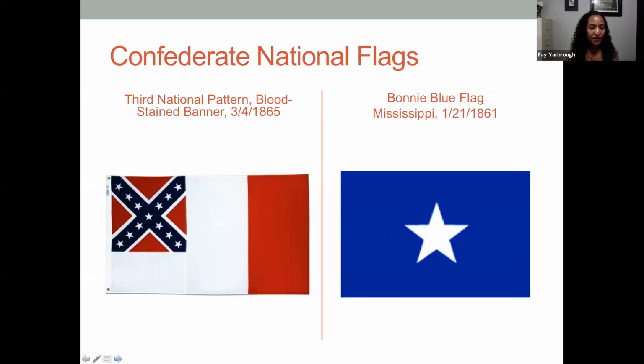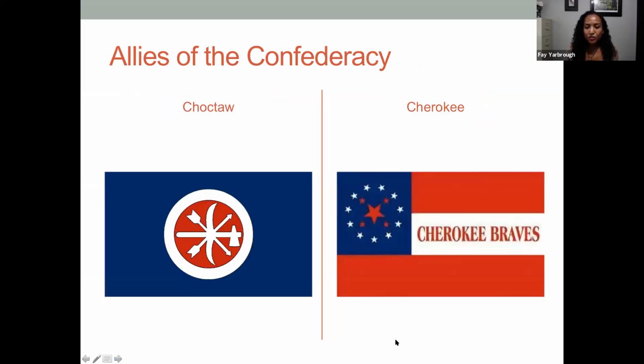Then there are other flags that we could also think about. So here are two allies of the Confederacy, the Choctaw Nation and the Cherokee Nation. And they had their own flags that they flew as a part of the Confederacy, right? And so if you want to talk more about Choctaw and Cherokee participation in the Civil War, I'm happy to do that in the Q&A part, right?